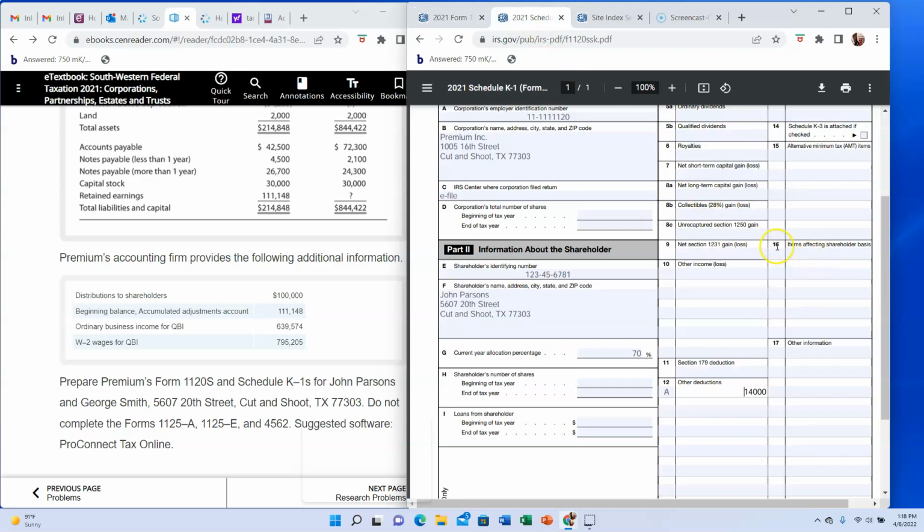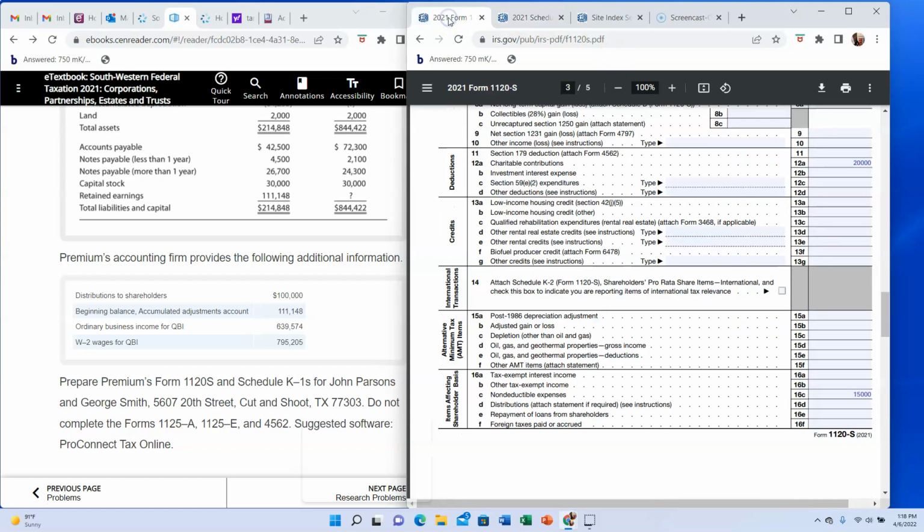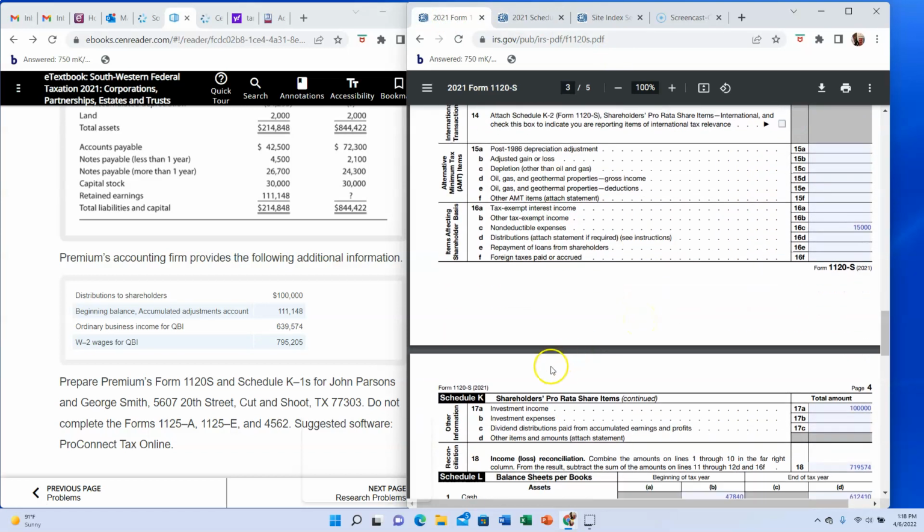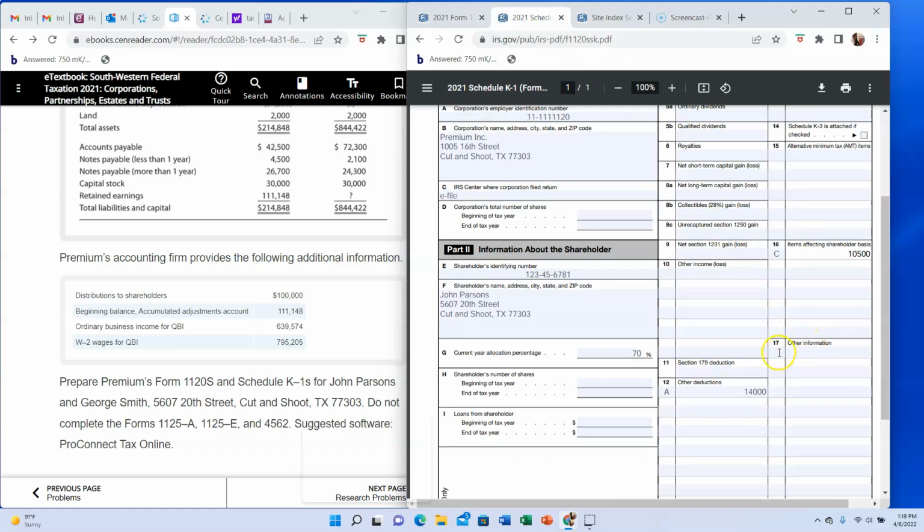So when you come over here, it's 16 and then C, and it gets the 15,000 times 70%, so 10,500. And then 17A, that's other information, 17A. So right here, other information, A, and that was the 100,000 times 70%, so it's 70,000.